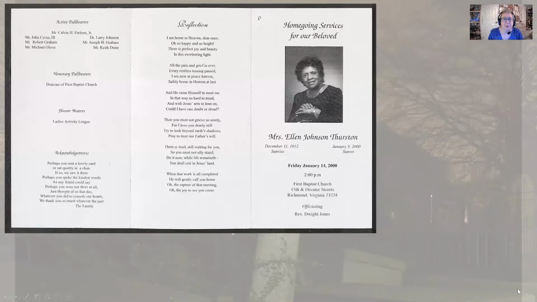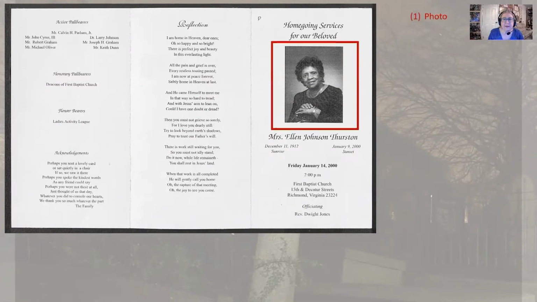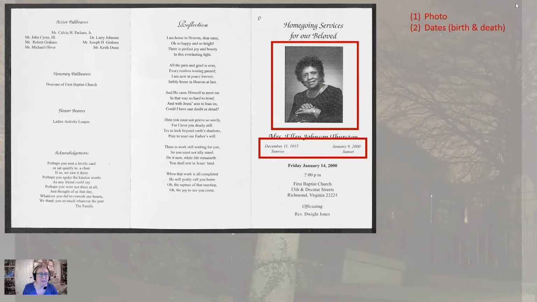And here's an example of one. They're often two-sided, and in this case, we clearly see a photo. We also have dates of birth and death. Sometimes we don't have that. We'll just have the service date underneath.